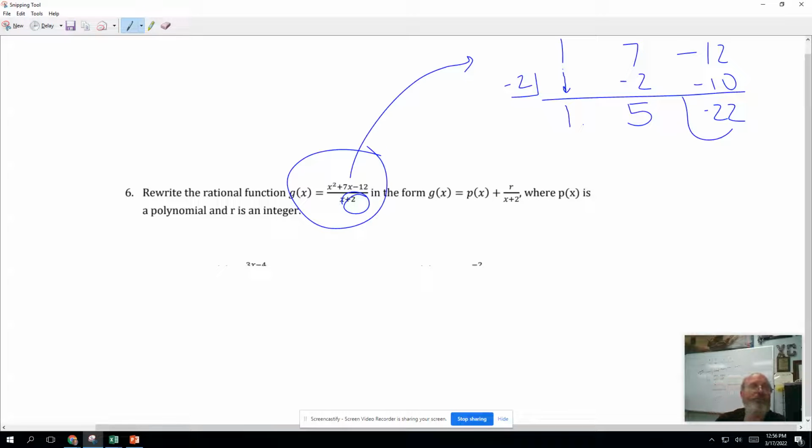Now, I need you to understand something. We're not done. I need you to understand what we just did. We divided 1x squared plus 7x minus 12 by x plus 2. And we get the answer 1x plus 5. This x is 1 degree lower than this x squared.